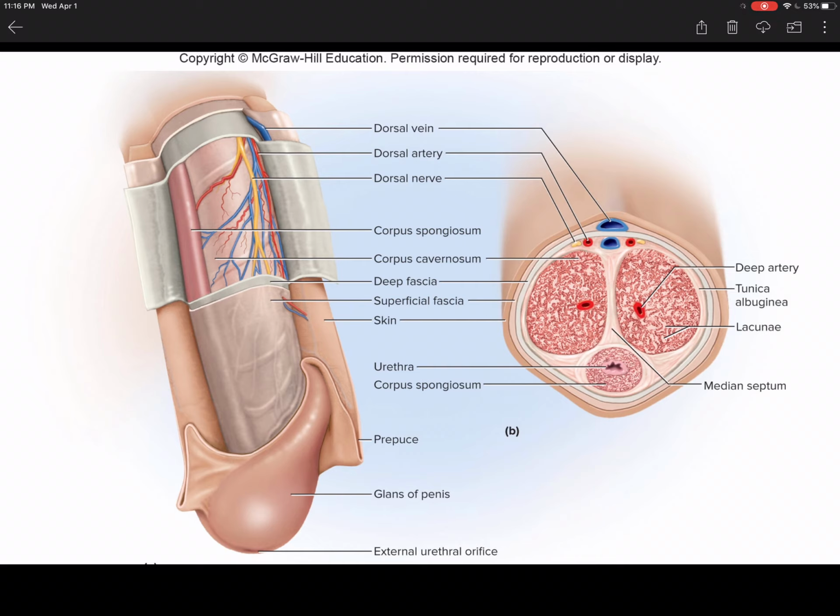We've got two cavities of corpus cavernosum, and those are going to be the erectile tissue on the anterior portion of the penis, and then we've got the corpus spongiosum. Excuse me, I said that backwards. The corpus cavernosum is on the posterior of the penis, and the corpus spongiosum is on the anterior. You can see that corpus spongiosum surrounding the urethra. You can see that corpus cavernosum surrounding the deep artery.